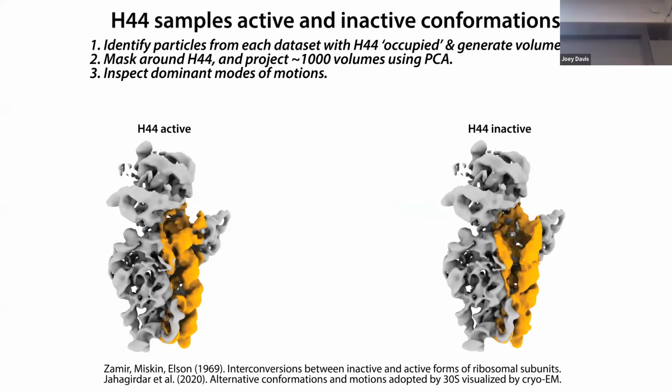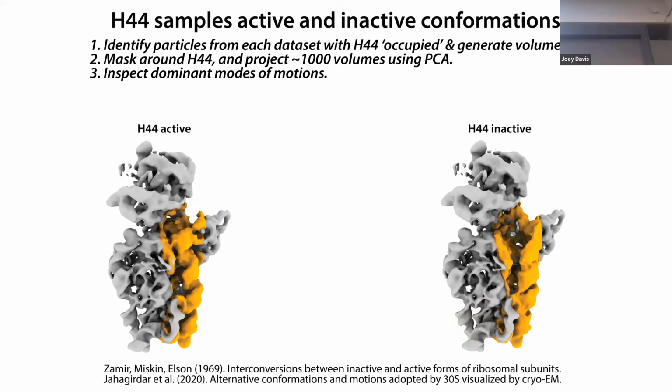And if we take all of those structures and do principal component analysis on those volumes, we can now walk along the principal component. And what we saw is that there's sort of two major conformations. There's one where the helix is tucked into the body. There's another one where the helix is released from the body and sort of flayed out. And it turns out in the late 60s and early 70s, these two conformations were described, or were predicted, by chemical probing experiments.